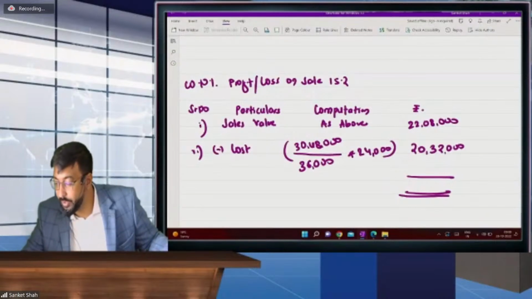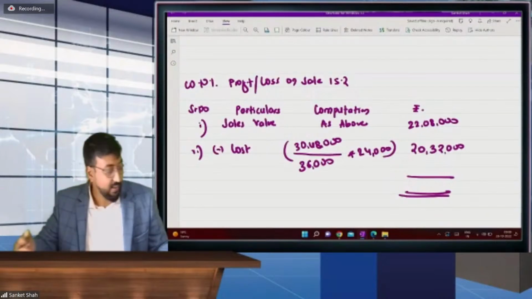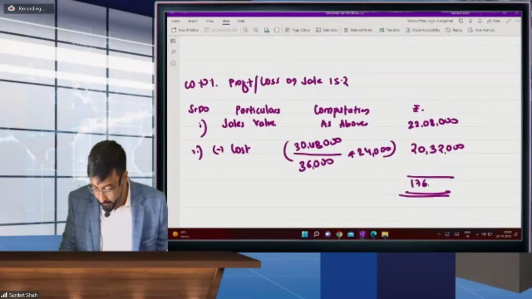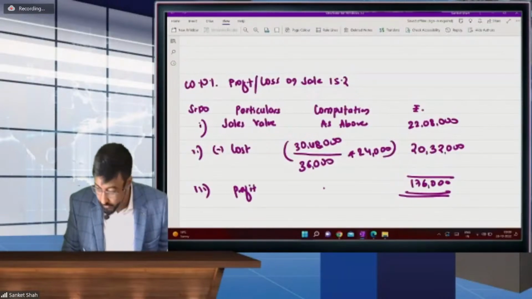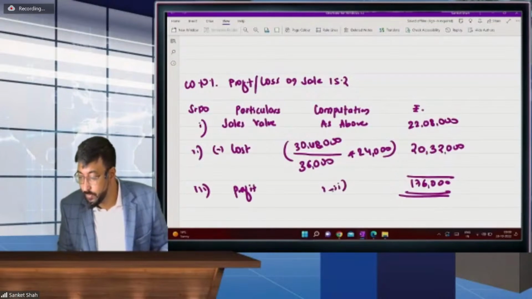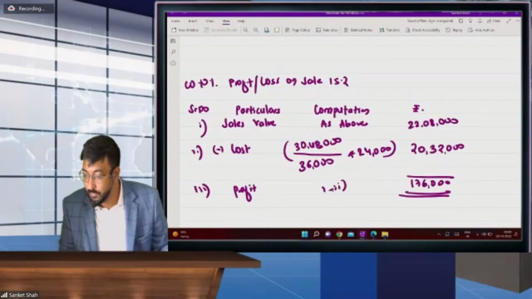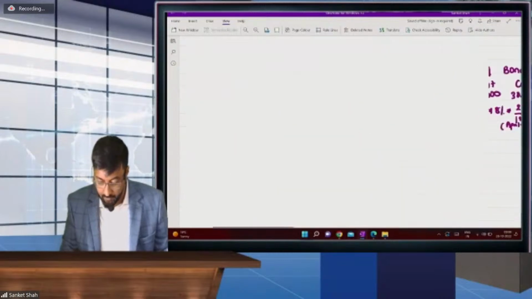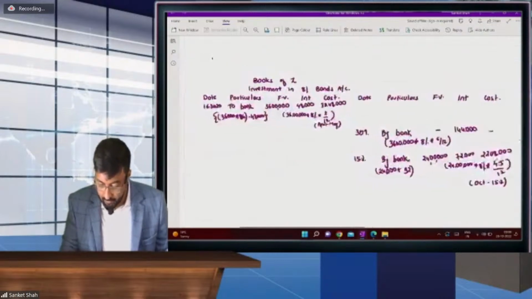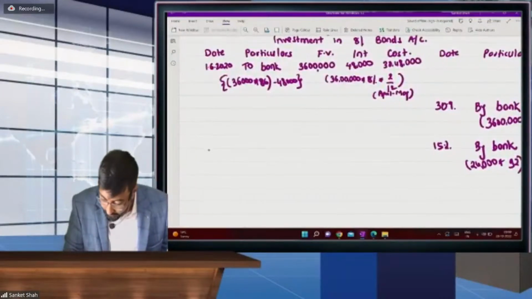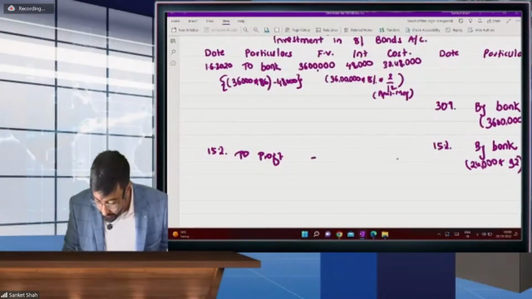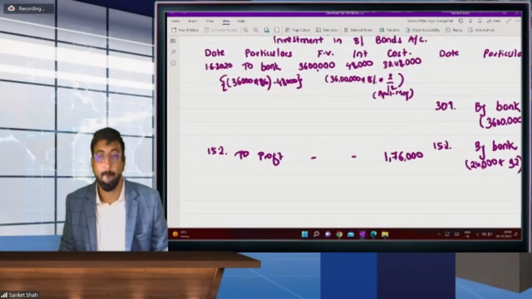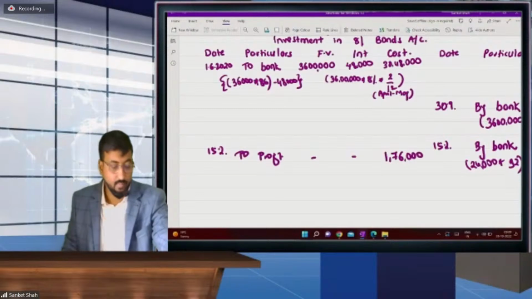So I'm in profit of 1,76,000. Profit is 1 minus 2. So on the opposite side, I will write to profit 1,76,000. Easy, no? Very easy? Yes.